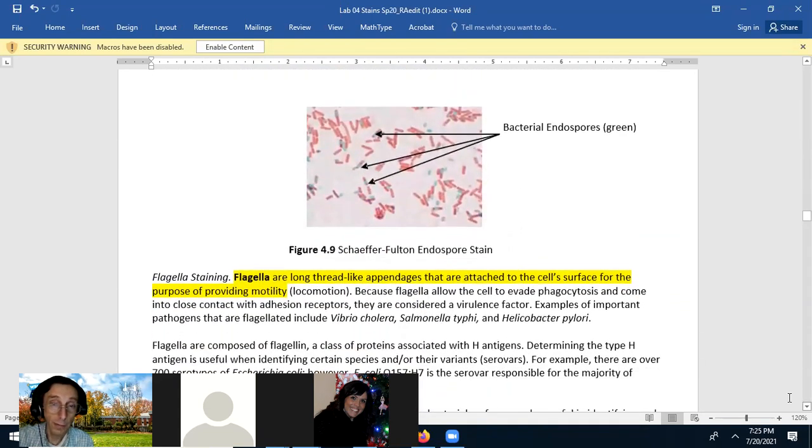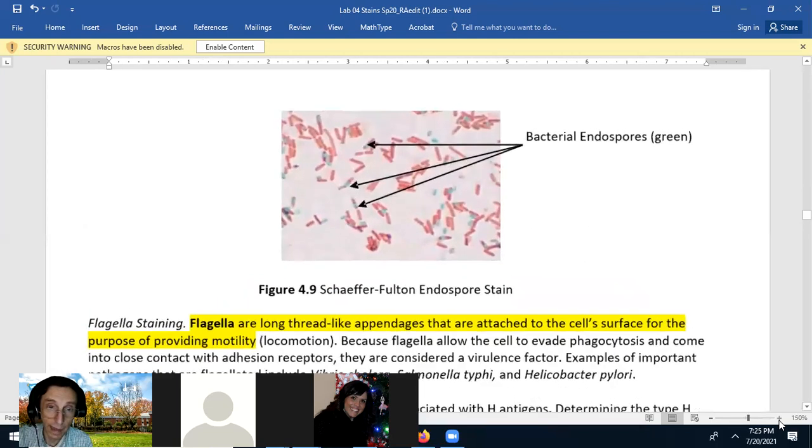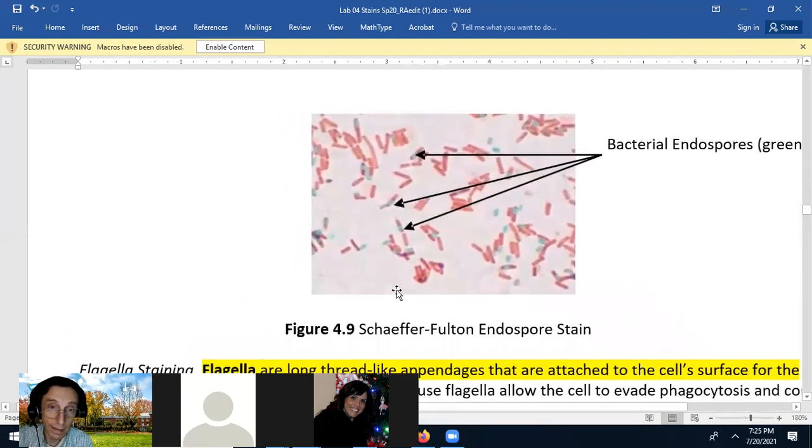All right, endospores stain differently from the parent cell or a vegetative cell. So when we use the Schaefer-Fulton endospore stain, it stains the endospores green, and if you notice, this cell right here has a red on this side of the cell and a red on that side of the cell, and the endospore is on the inside of the cell.